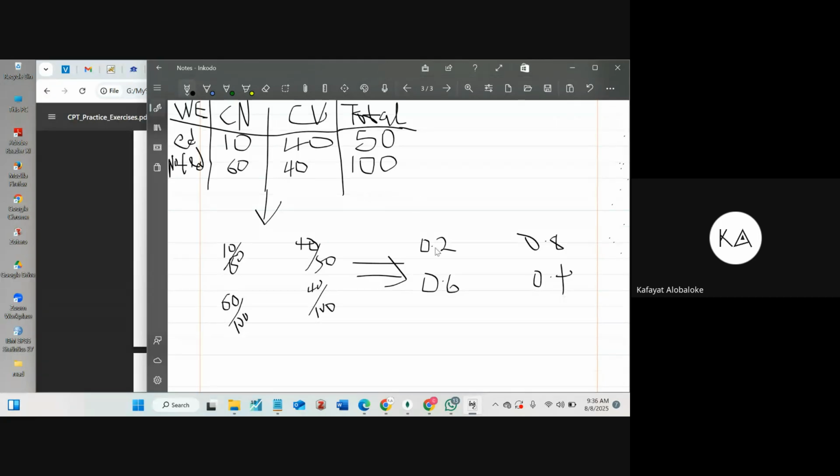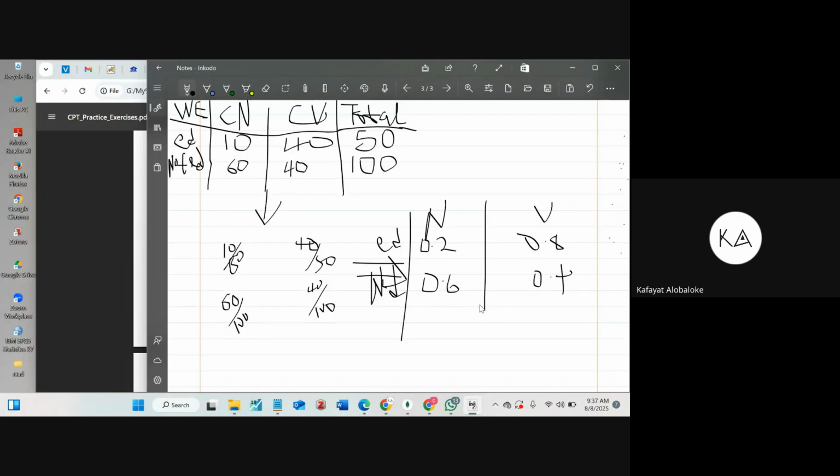Now remember, this is no more count, but we can still label them noun and verb. You can either put count of noun, count of verb, but you know they are not counts anymore. They are now probabilities. And here the word is ending with ed, and here the word is not ending with ed. So this is our conditional probability table.